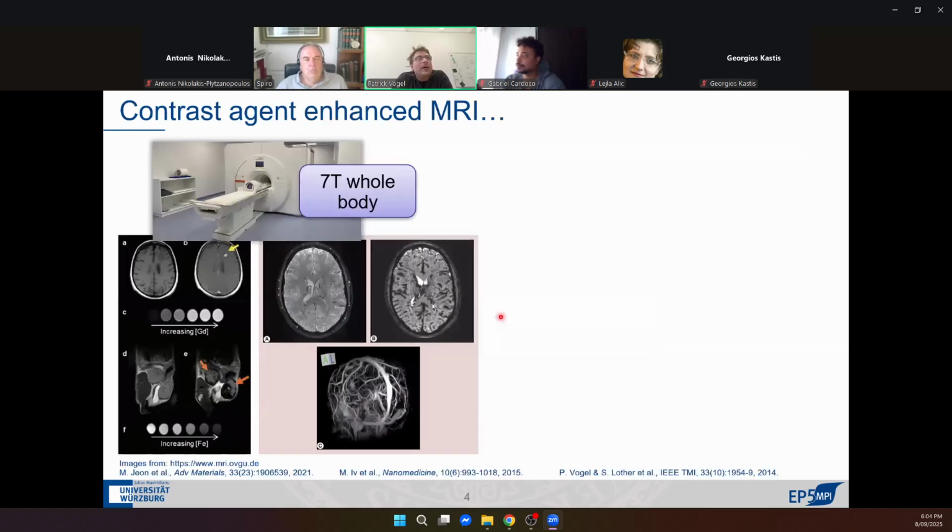MPI, magnetic particle imaging, so we are using particles, and we are often compared to MRI, magnetic resonance imaging. And also in MRI, you are using contrast agents, as the name says, to enhance the contrast between different tissues.